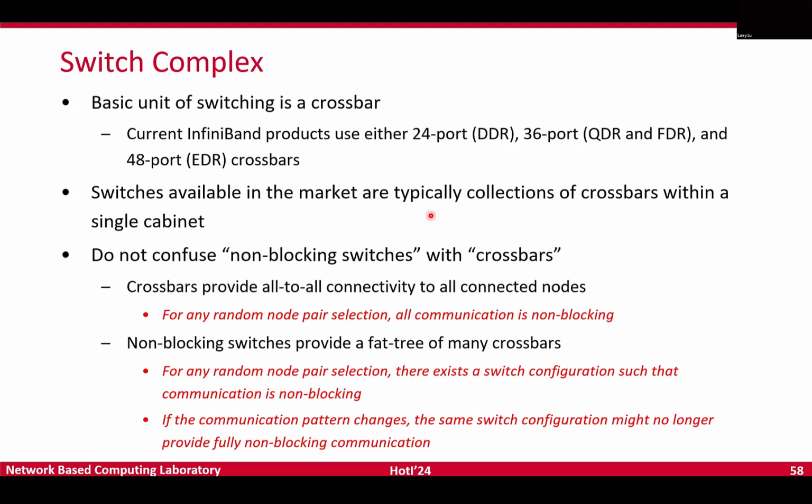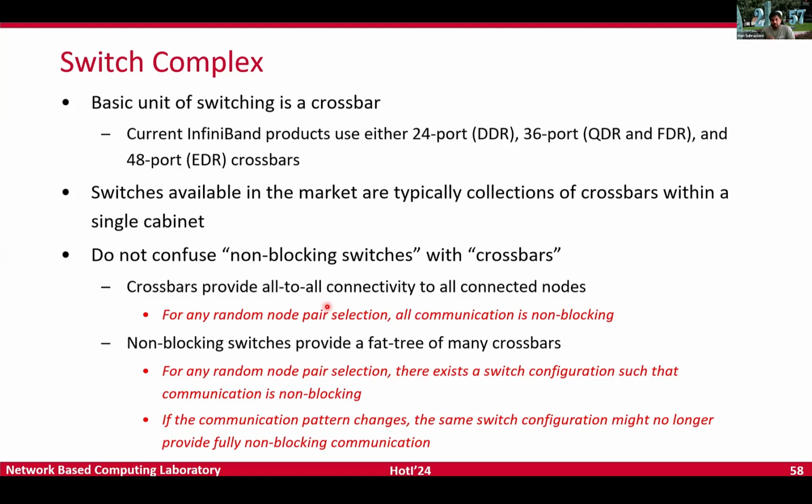Unfortunately, these are extremely expensive to implement when you go to very large scales. So your typical larger scale switches that you see in markets, your director class switches with 300, 500, 600 ports, are collections of crossbars within a single cabinet. And these are what we call non-blocking switches. For a crossbar, imagine that you have a system where every house is connected to every other house with a separate road.